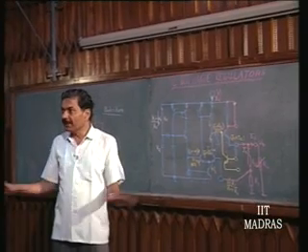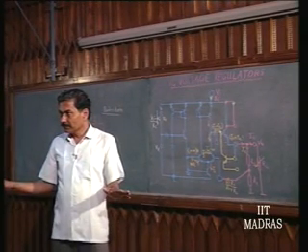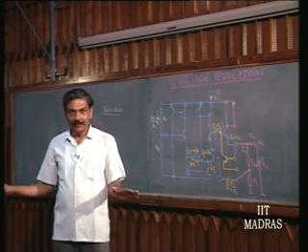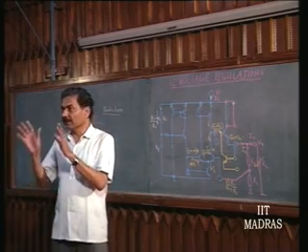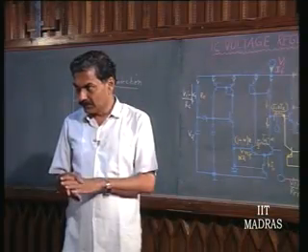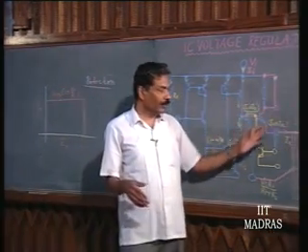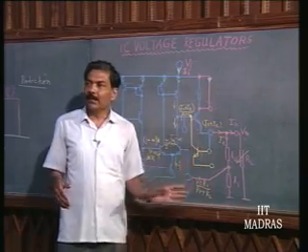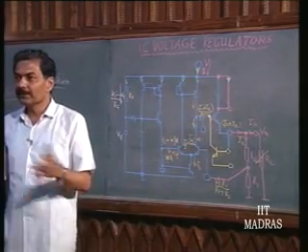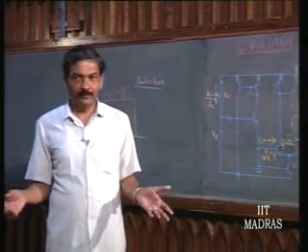Purposely, I am preventing it from acting as a voltage regulator, because I know that this is a damaging current that is likely to flow, and more than this current, if it is flowing through this, it will damage this. I will convert this whole thing into a current source.